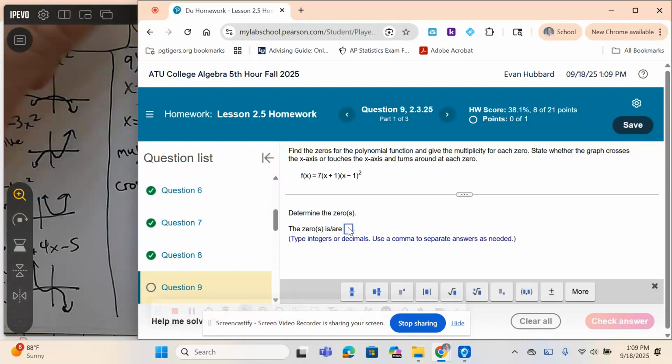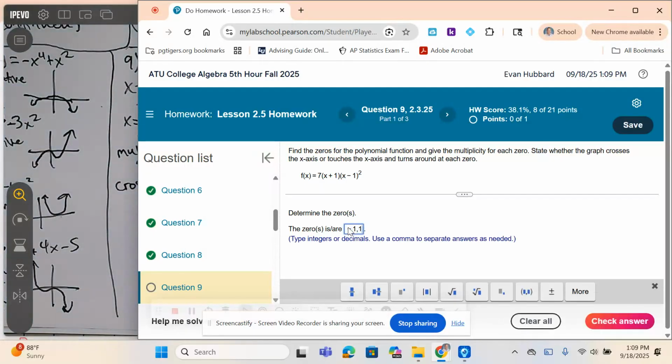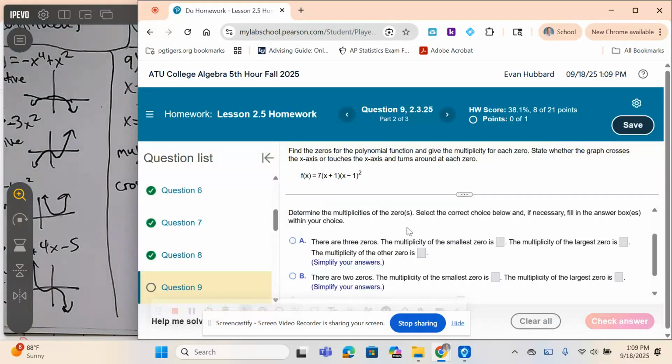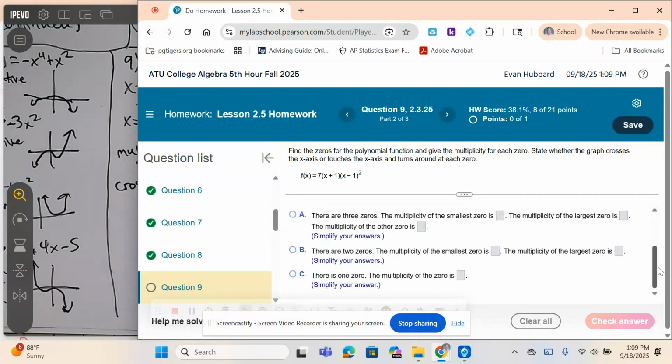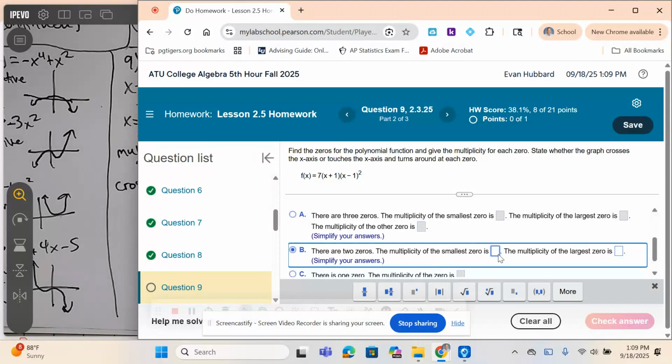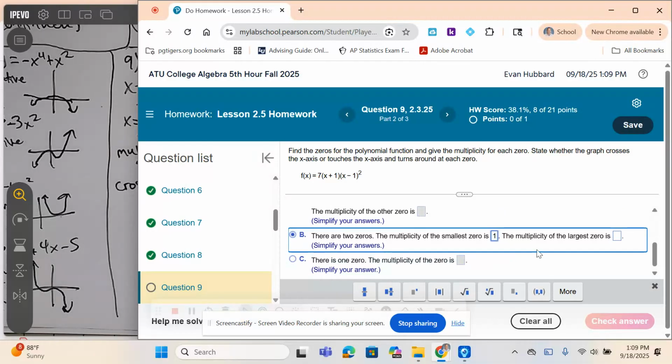So the zeros are negative 1 and 1. There are 2 zeros. The smallest zero, negative 1, has a multiplicity of 1, and the multiplicity of the largest zero is 2.